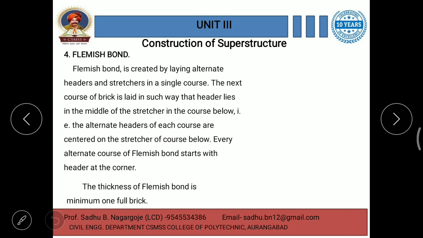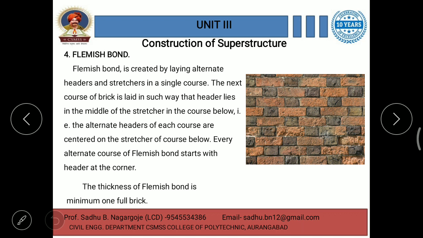Then fourth one is Flemish bond. Flemish bond is created by laying alternate headers and stretchers in a single course. Okay. Now the basic difference between Flemish and English bond is here.